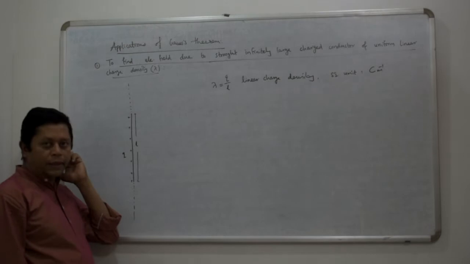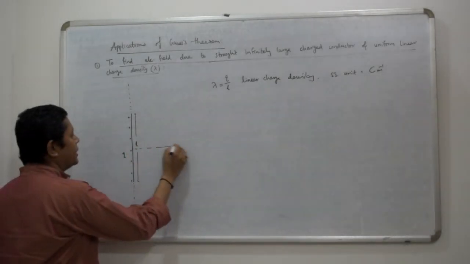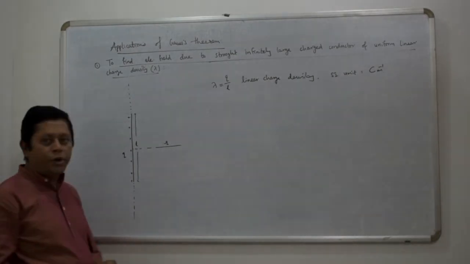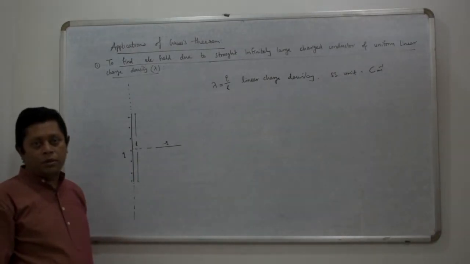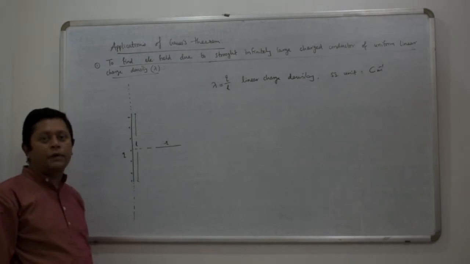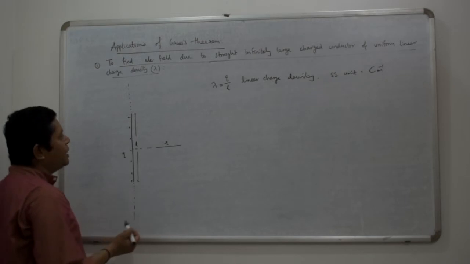For this conductor, if you want to find the electric field at a distance r from it, you have to enclose this charge through a surface, and that is what we call the Gaussian surface. It is an imaginary surface. So what is the shape of that imaginary surface?